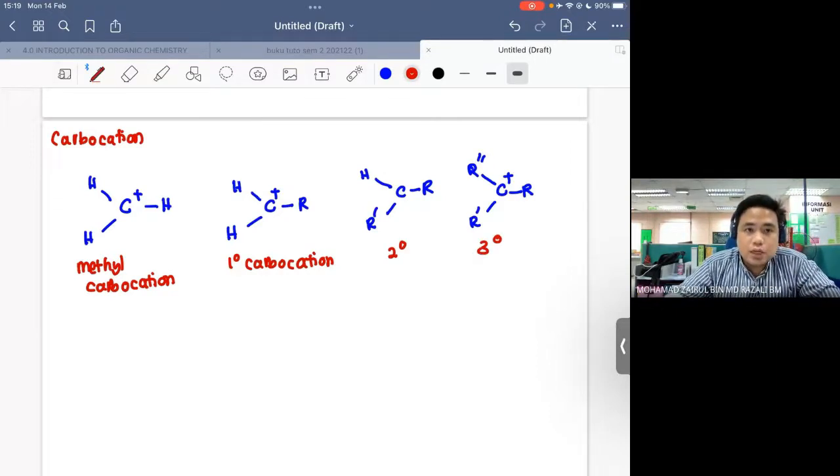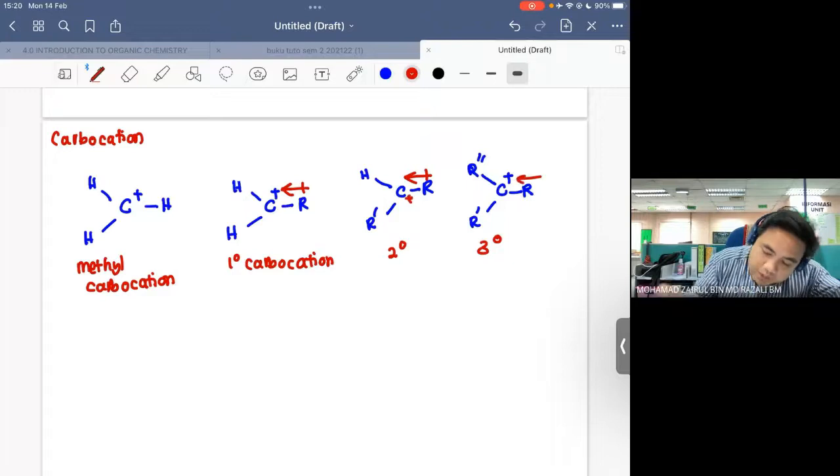Same goes with a free radical, and we know that the alkyl group is an electron donating group. So it can donate its electron to the C plus.